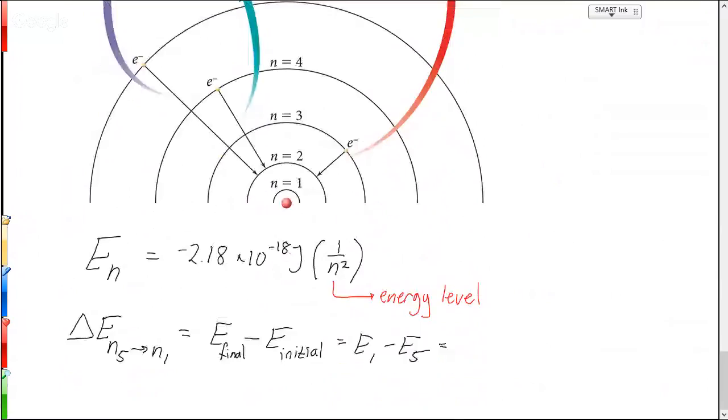So we can plug this into the equation. We're going to call this constant B, because I don't have to write it a bunch of times. So that's going to be B times 1 over 1 squared minus B times 1 over 5 squared. Of course, as you know from math, you can distribute this.